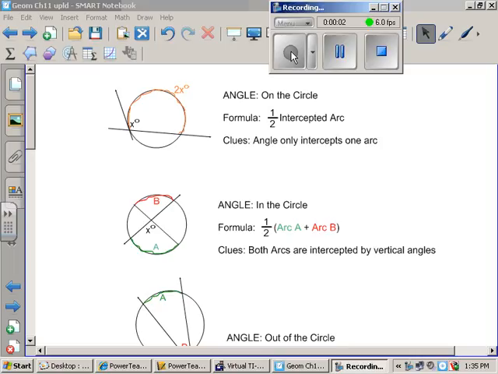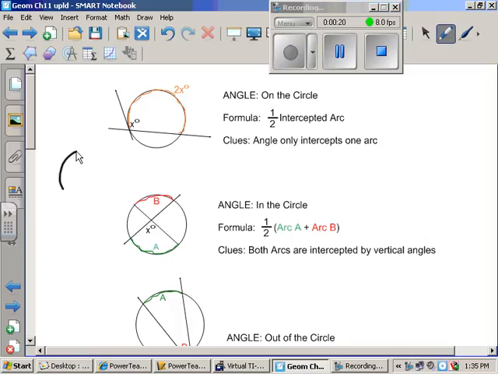Okay, we're going to do a quick reminder of angles that are inside, outside, and on the circle. I have examples of each. If an angle is on the circle, like an inscribed angle, it is half the length of the intercepted arc.